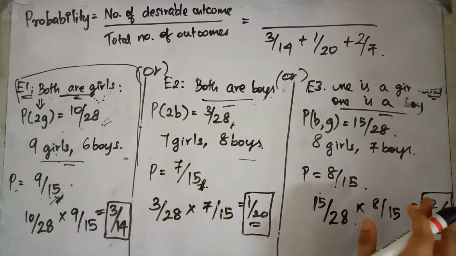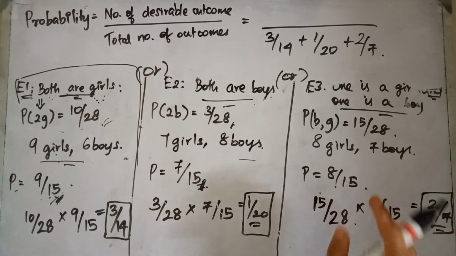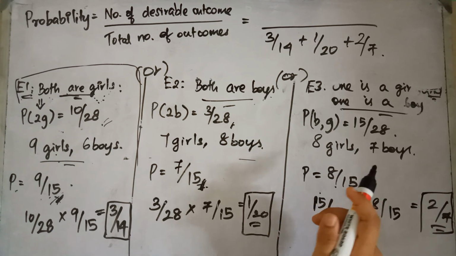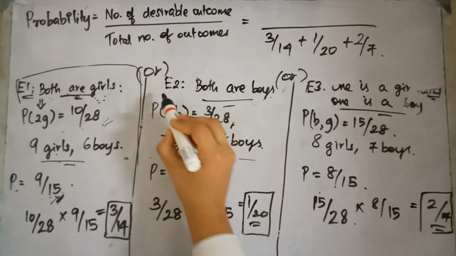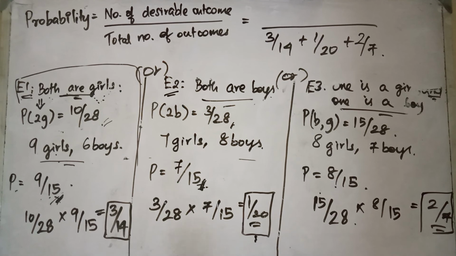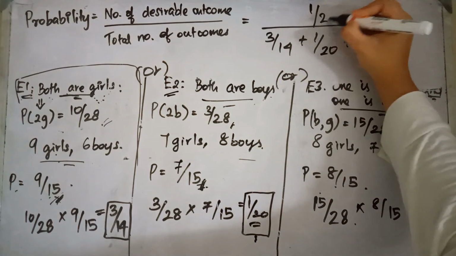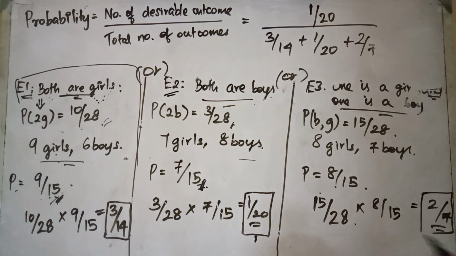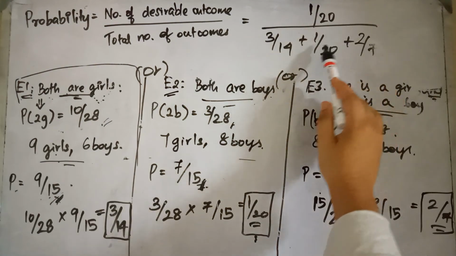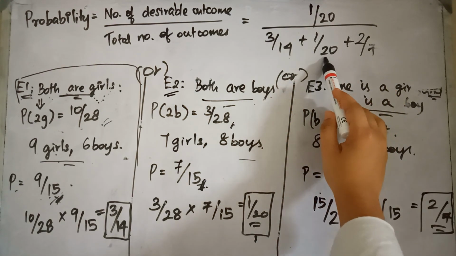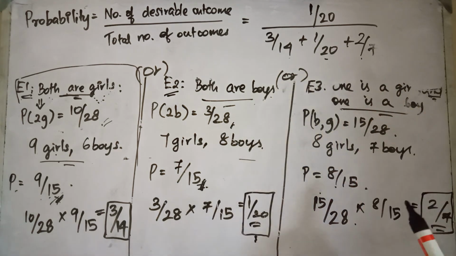Now, which one of these three sets of events has both of the transferred students as boys? It is E2, 1 by 20. So we have 1 by 20 divided by 3 by 14 plus 1 by 20 plus 2 by 7.